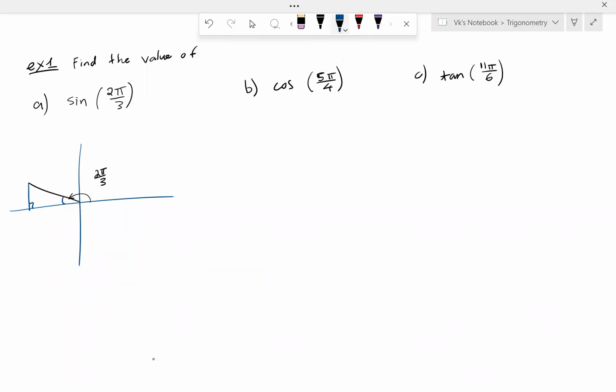And the angle right here is pi over 3. In the second quadrant, sine is, well, you can see positive. So it is the same as positive sine of pi over 3, which is root 3 over 2.